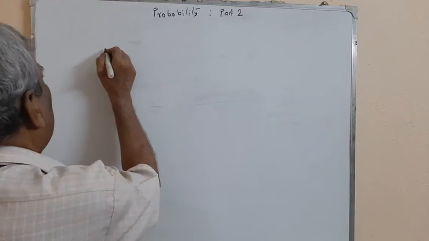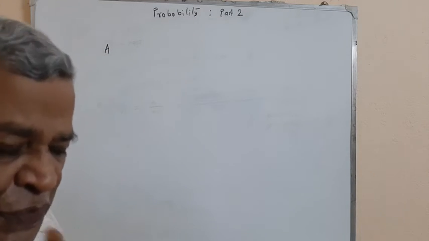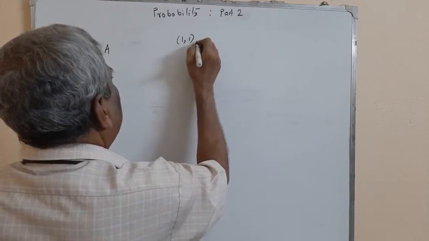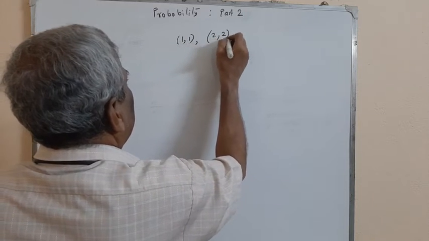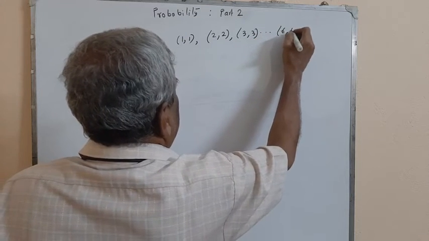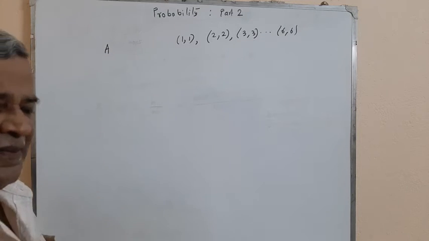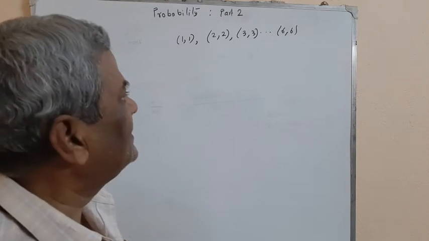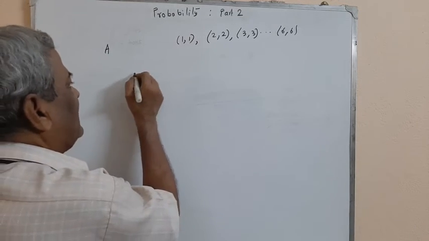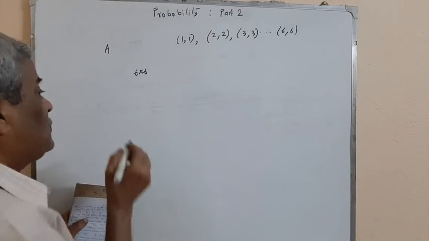Let A be that event. So number of cases which favors this event is 1 1, 2 2, 3 3, this way 6 6. So altogether 6 cases favors this event. And what is all possible cases? This is in fact 6 into 6, not 6 plus 6, 6 into 6. Why 6 into 6?